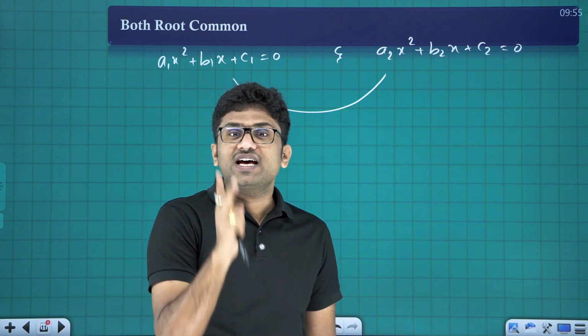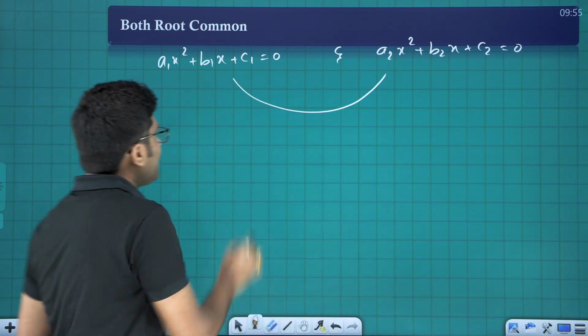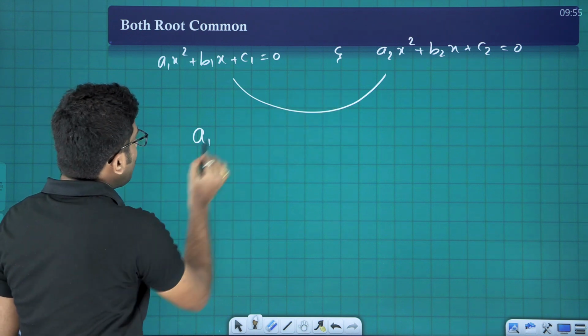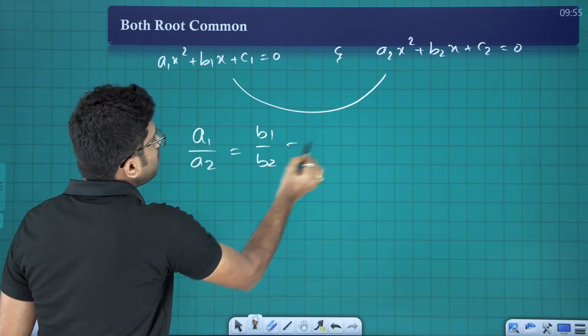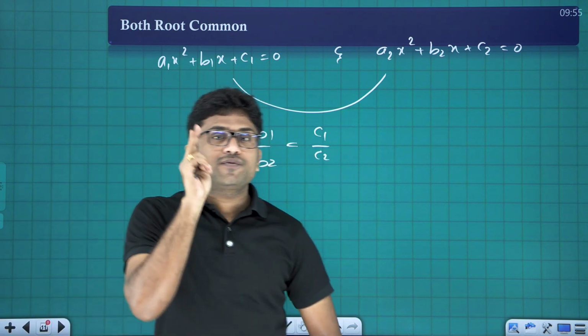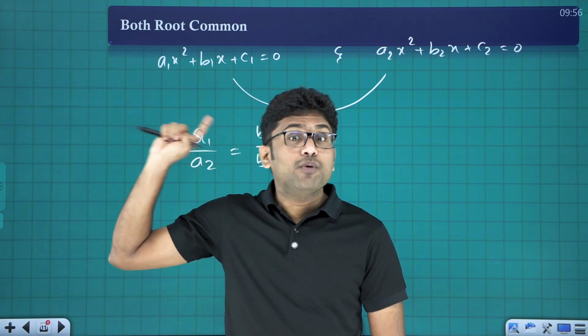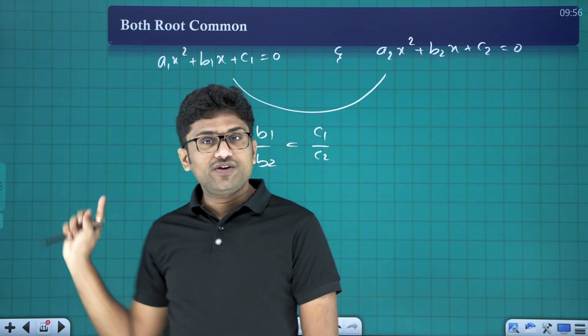If two equations have both the roots common, then the coefficients should always be proportional. That is, a1 by a2 is equal to b1 by b2 is equal to c1 by c2. So if two quadratic equations have both the roots common, then we say the coefficients are proportional.